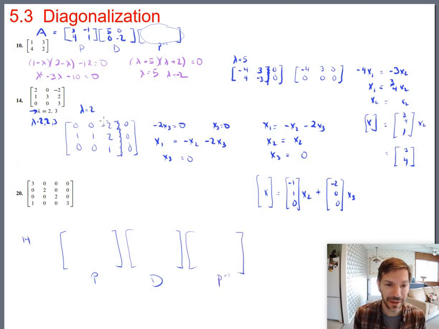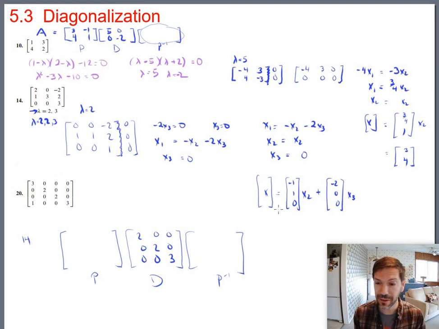That means that 2 is a multiplicity of 2, so 2 and 3 are the eigenvalues, and 0, 0, 0, 0, 0, 0. So there's our D. And there are 2 linearly independent distinct eigenvectors that go with 2 and 2. So negative 1, 1, 0, negative 2, 0, 0.